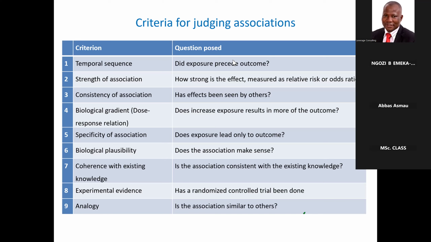You now give some people placebo. When people are looking for a vaccine, you give some vaccine and others nothing, they will die. You cannot do that. There are some experiments you cannot perform because of ethical reasons. So a randomized controlled trial is used when it is possible. The last one is analogy.